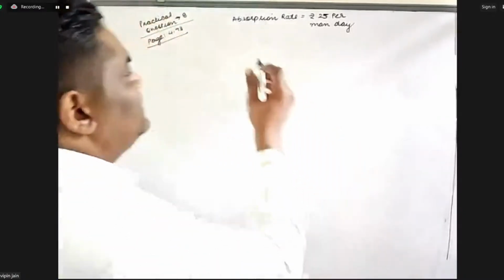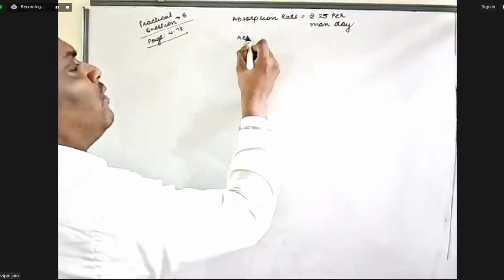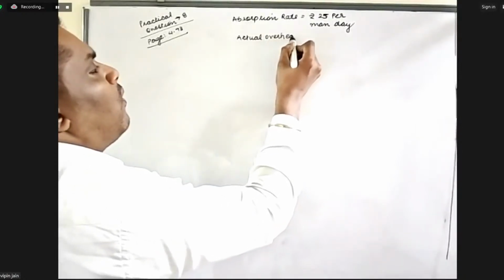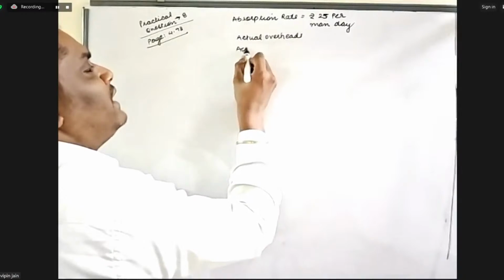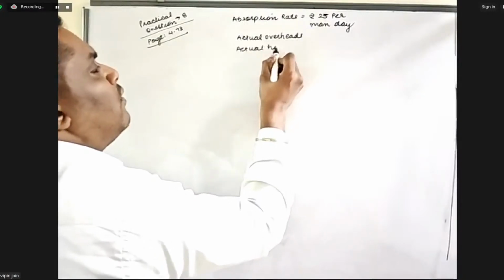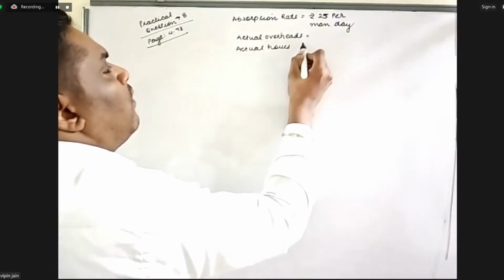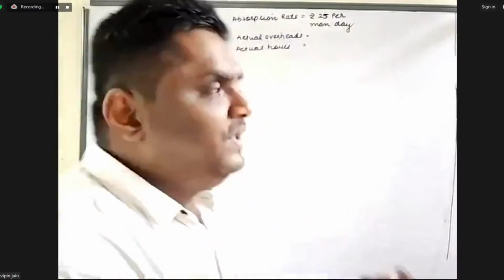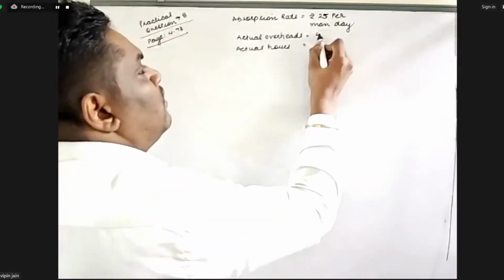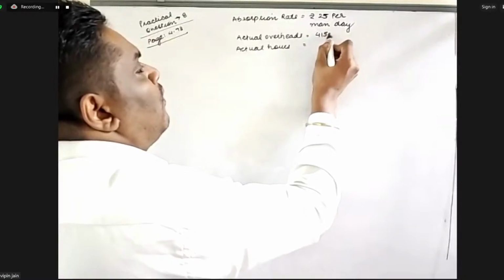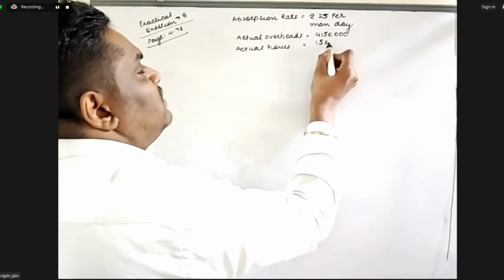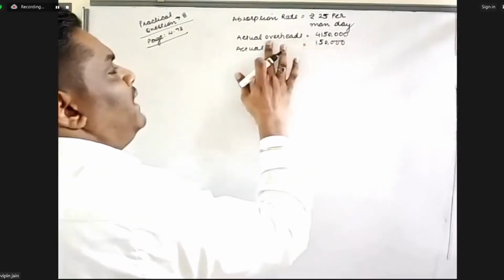So actual overheads are also given, and actual man days are also given. So my actual overheads are 41 lakh 50,000, and actual man days are 1 lakh 50,000.